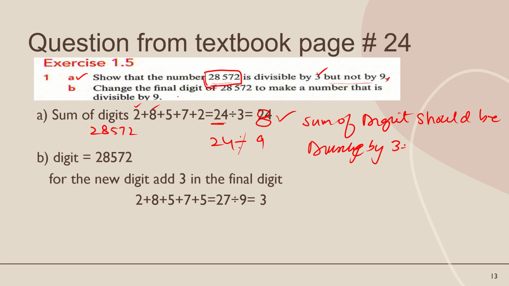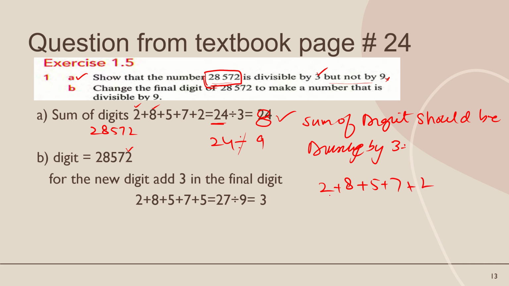Now part B: change the final digit. This one is the final digit. Change the final digit of the number to make a number that is divisible by 9. Here is the number: 2 plus 8 plus 5 plus 7 plus 2.